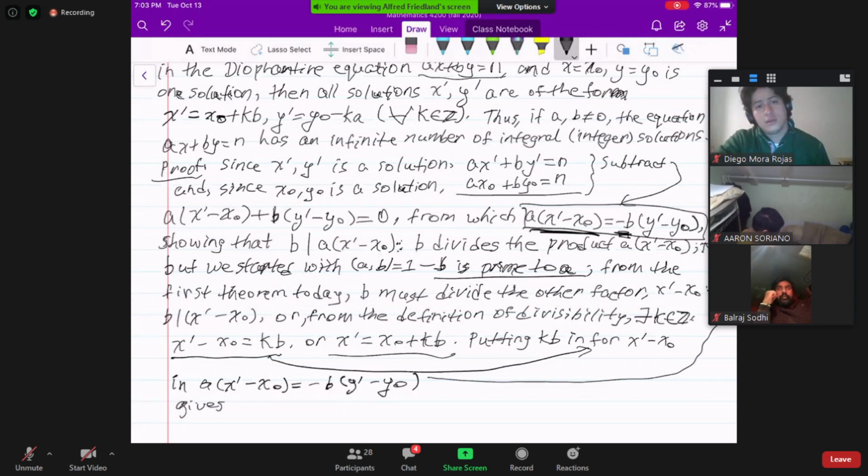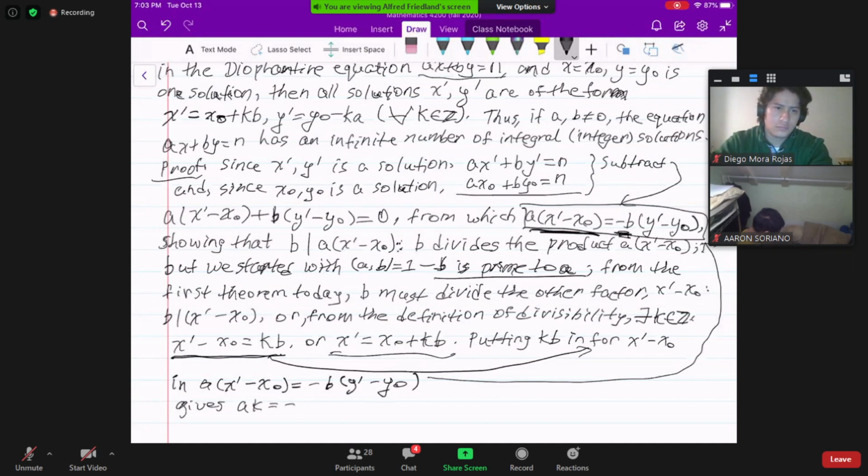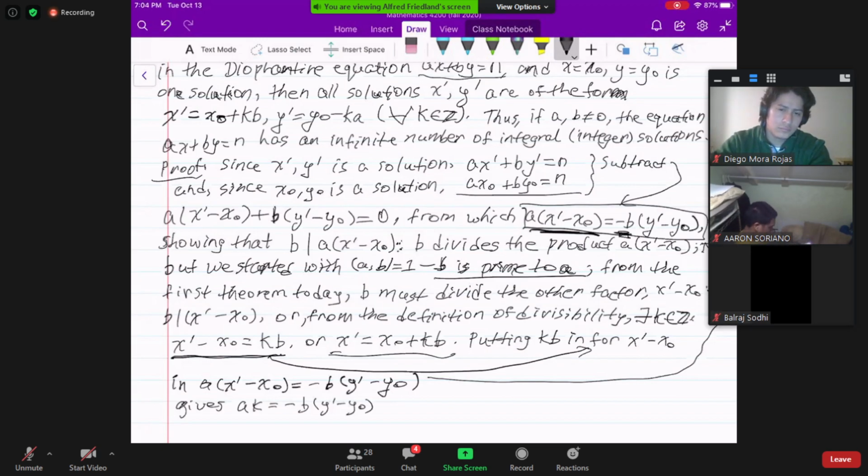And so it becomes a, and then this x prime minus x sub 0 is kb. So it's a times kb equals negative b times y prime minus y sub 0.